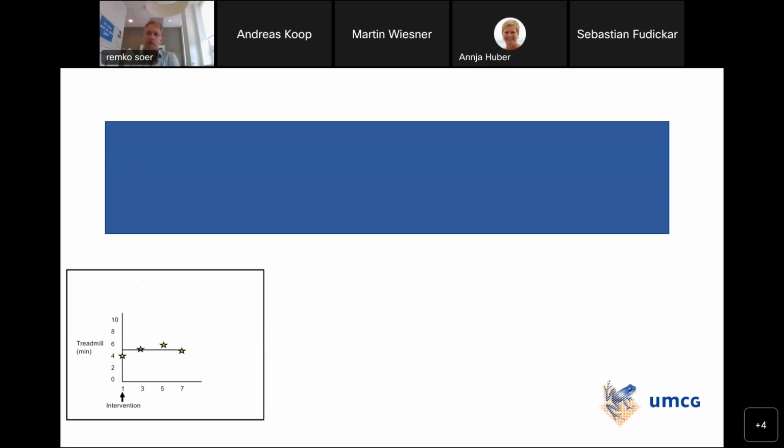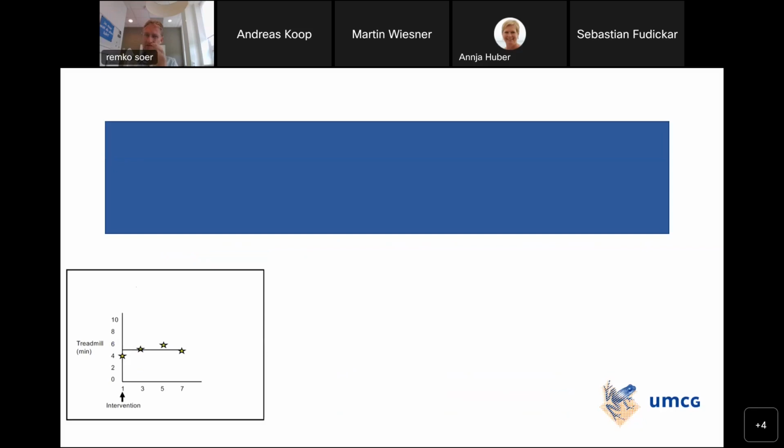I agree, but if you just look at the figure, the treadmill time in minutes, would you say that it would increase, yes or no? I would even say it has not a big effect. I mean, the first 3 look like, oh, it goes up, nice, right? But then, yeah, it's down again. If you would then observe maybe the next 7 days, and it stays around this line, then you know this is more like the situation, right?